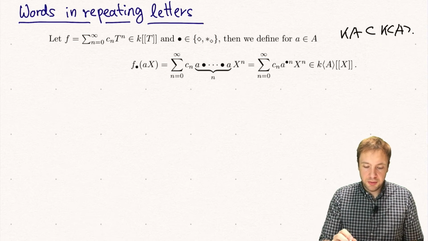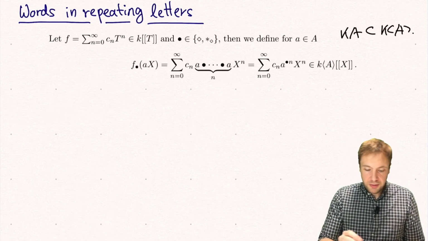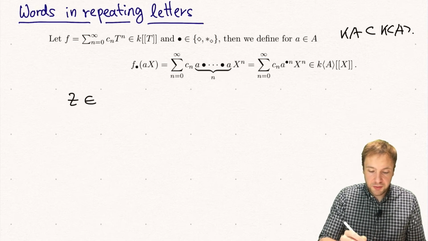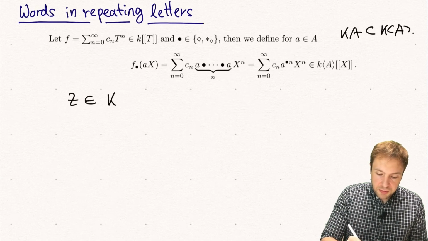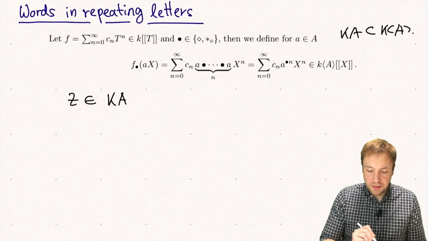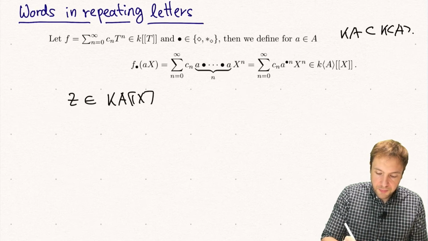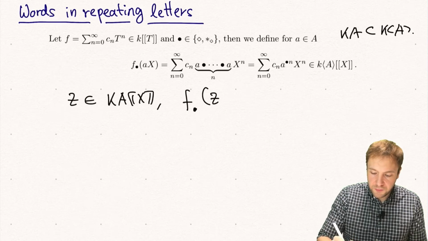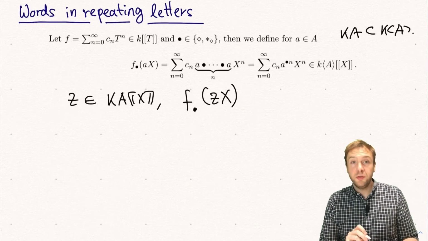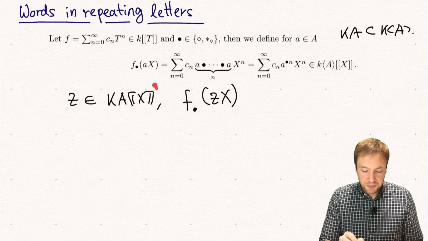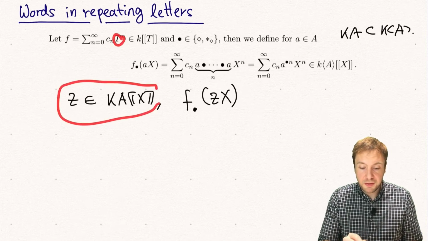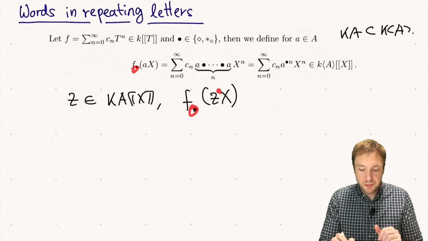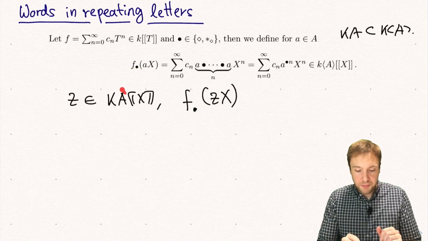Also, if I have an element Z, which is itself a power series with coefficients in letters, then F bullet of this also makes sense, because I can plug it in and take the nth power, and the bullet tells me how to evaluate these coefficients.